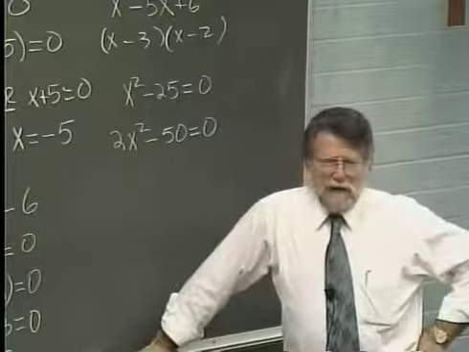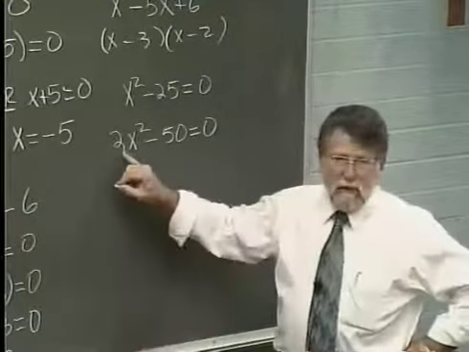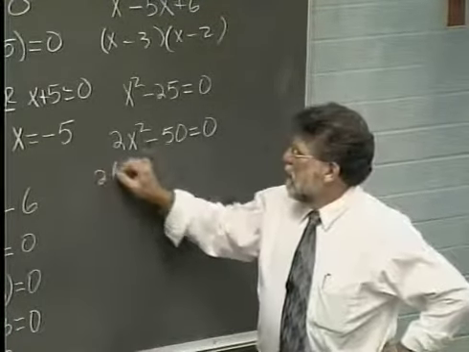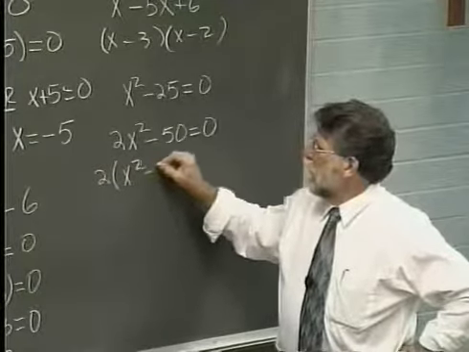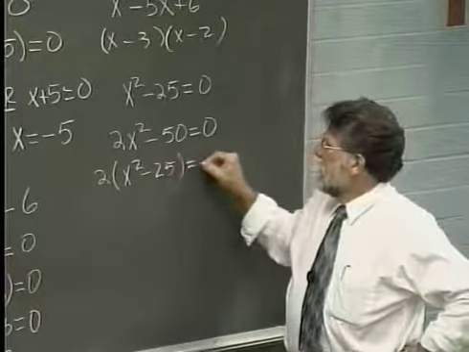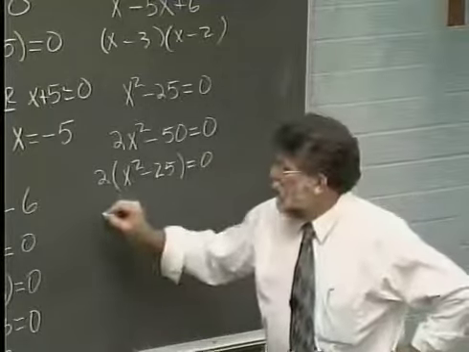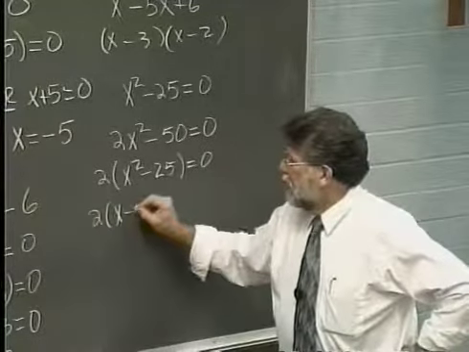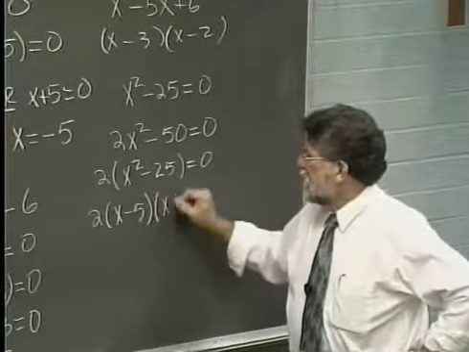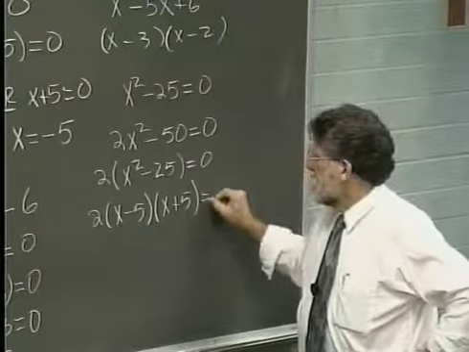Now what's your first thing, if you're going to factor it completely? You're going to take the 2 out, right? And then you're going to have x squared minus 25. And then you are going to say 2 times x minus 5 times x plus 5.